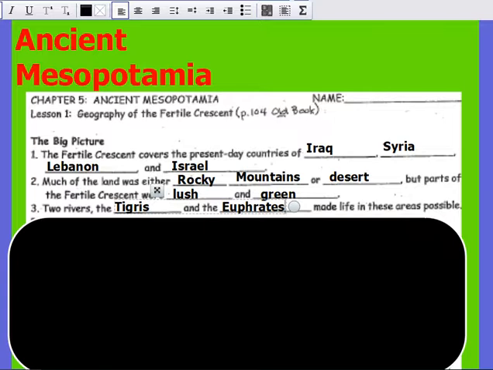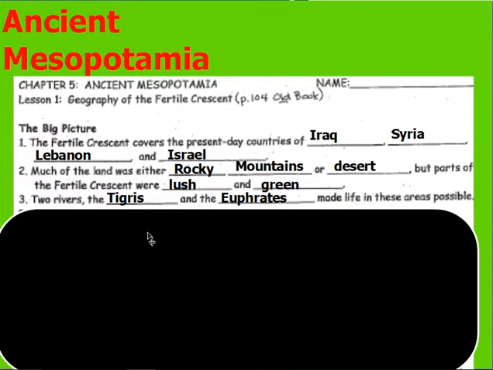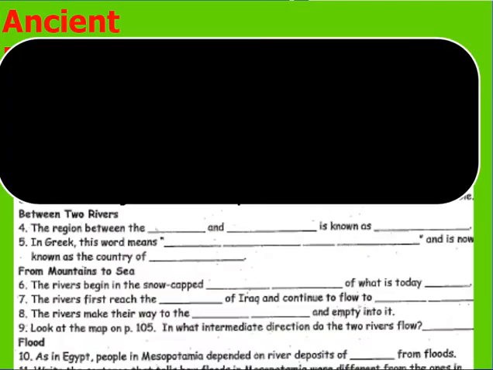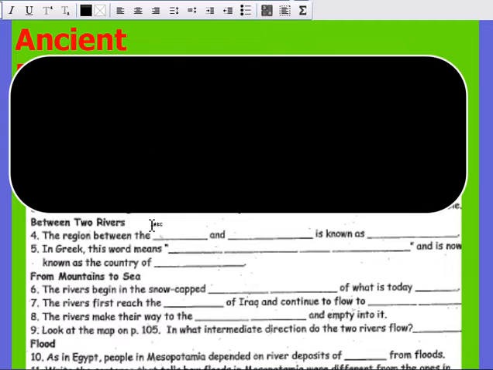Now we're going to move down into question 4, which is the section that says between 2 rivers. The region between the Tigris and the Euphrates is known as Mesopotamia.